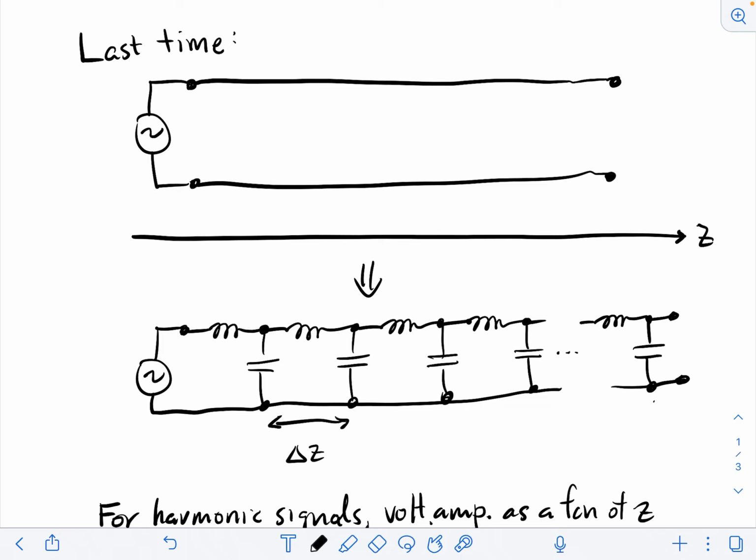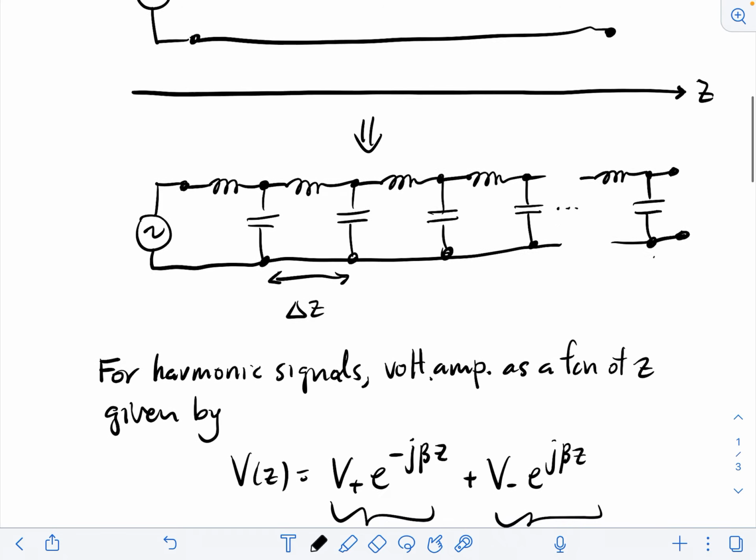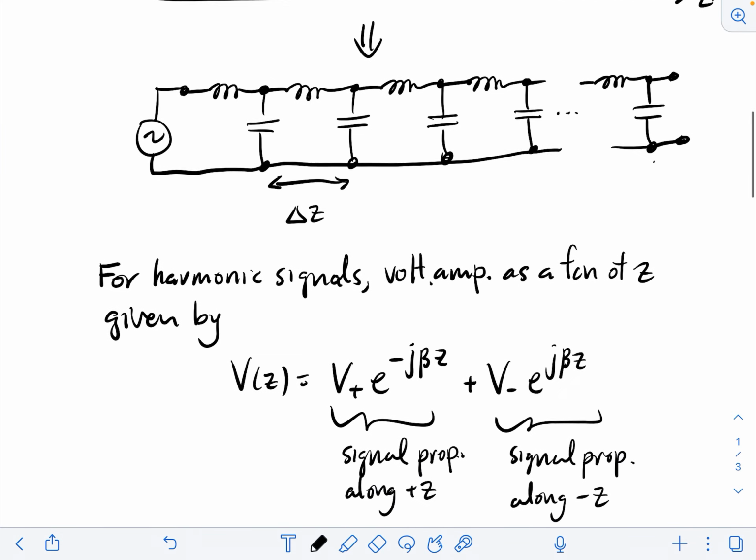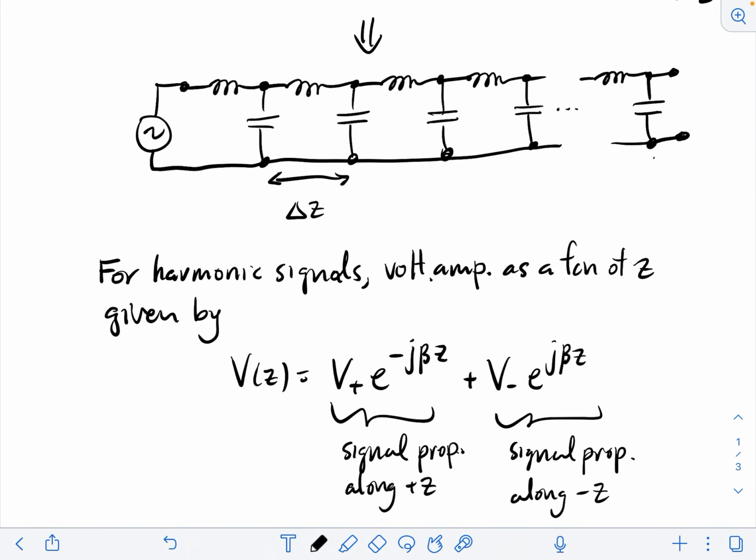We did an analysis of this circuit model, and we came up with the wave equation. And we could solve that wave equation for harmonic signals, assuming the signals followed e to the j omega t time dependence.